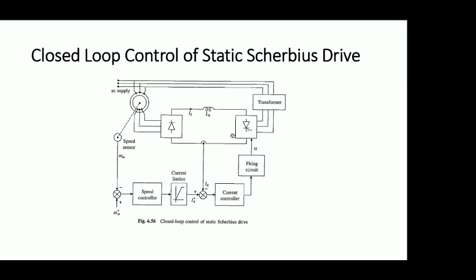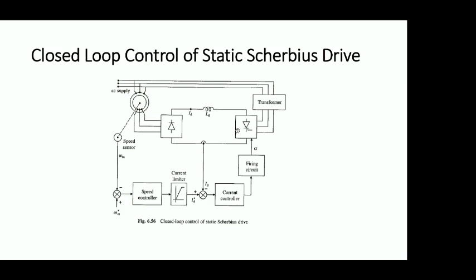We have discussed how we calculate omega, and from Vd and Id. Here Vd means Vd1 and Vd2; we equalize them, and then we discussed all the things in the previous session. Now we are going for how we can implement the closed loop control in the static Scherbius drive.